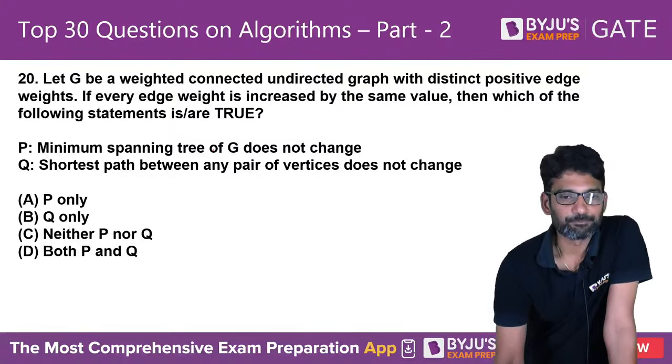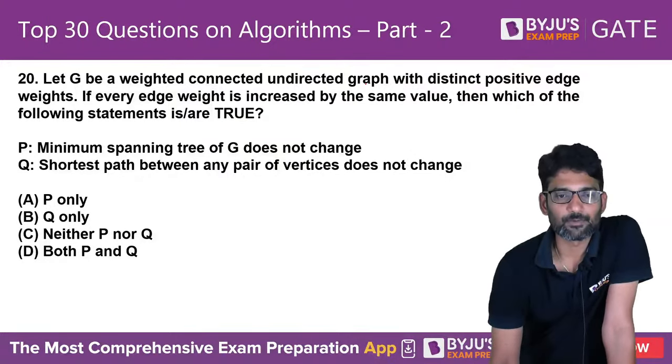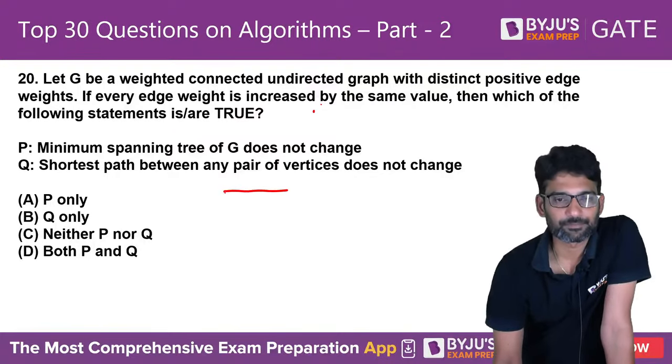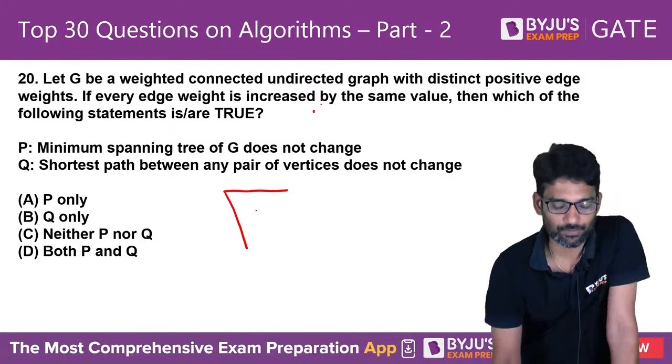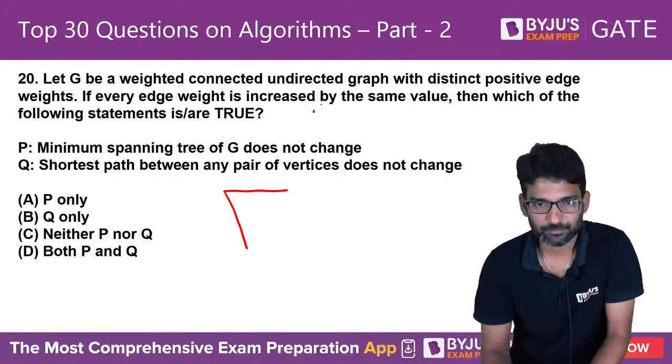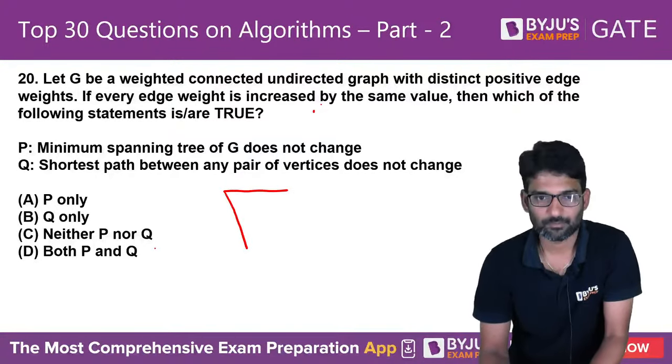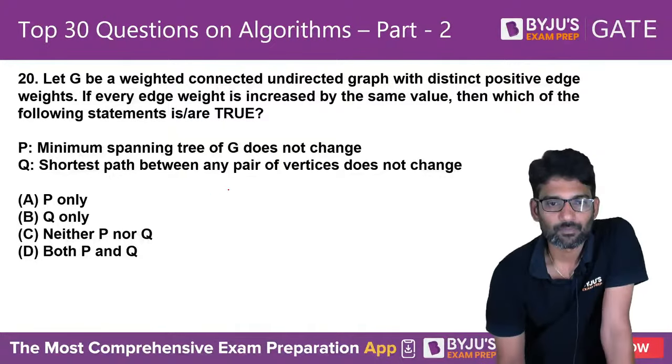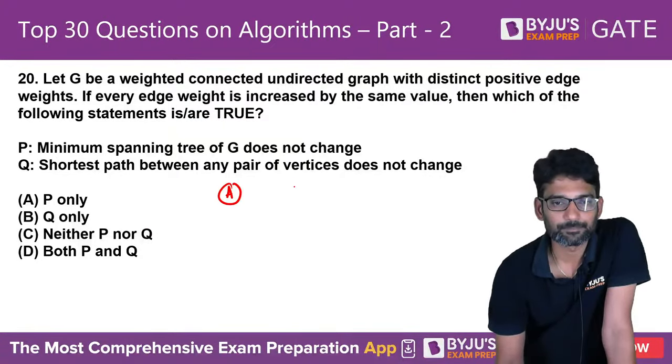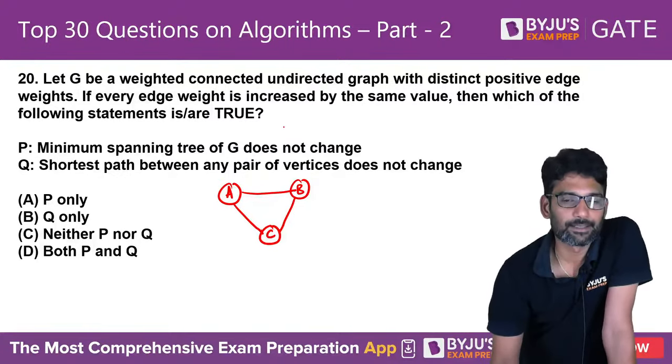Let us see. Just with a simple example, let us try. Suppose there is a graph with 3 vertices, A, B, C. Let their weights be 1, 4, 2.